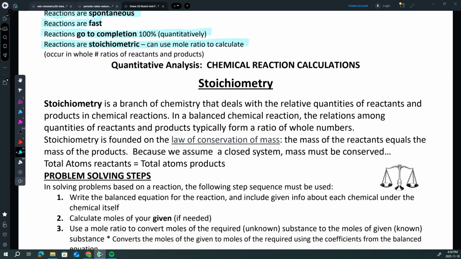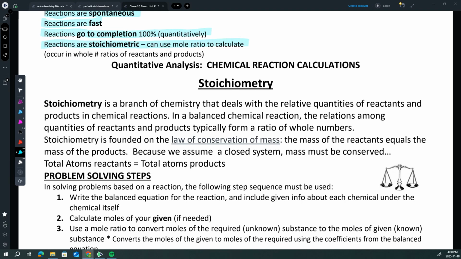Stoichiometry is founded on the law of conservation of mass, which just means that the mass of reactants is going to be equal to the mass of the products. Because we assume that we have a closed system, mass must be conserved. So in other words, what goes in must come out, or the total atoms of reactants is going to equal your total atoms of products.